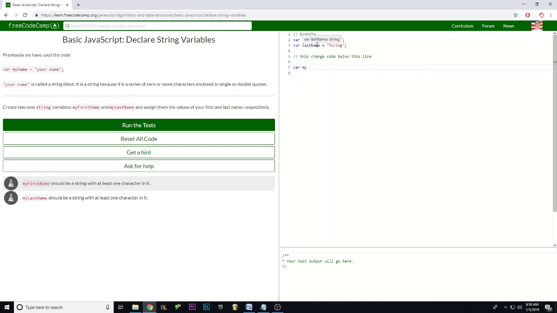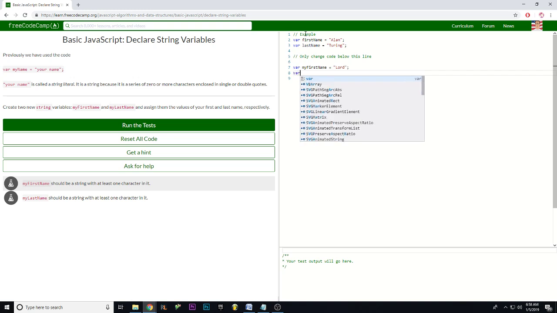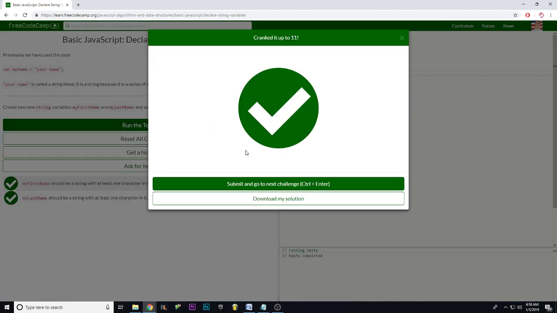So myFirstName, camel case, equals Lord Bear. myLastName equals Moop. That's my legal name, no joke. I changed it. Okay, Lord Moop.